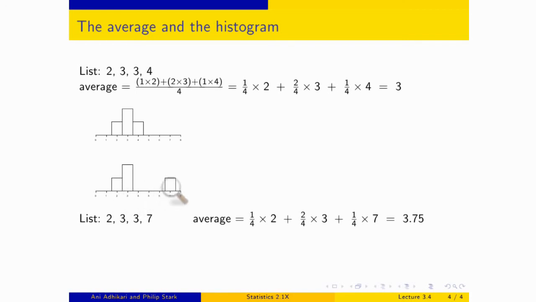And the further away you have values, the more those are going to pull the average towards them, and the closer you're going to have to get to those extremes to balance your figure. And so this diagram will balance not at 3, but at 3.75. If you run your picture along here, there's 3, there's 3.5, and right here is 3.75, and that is where this figure is going to balance.